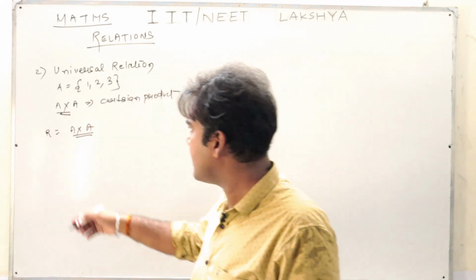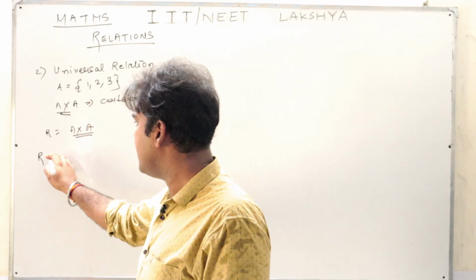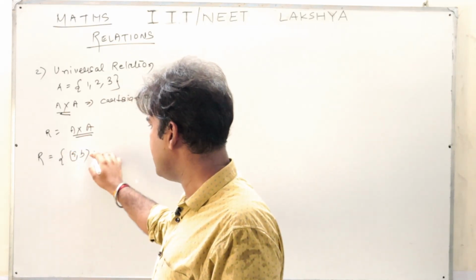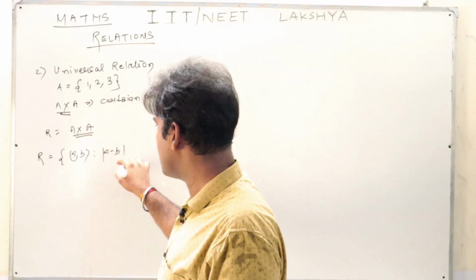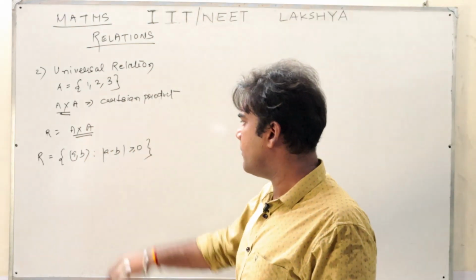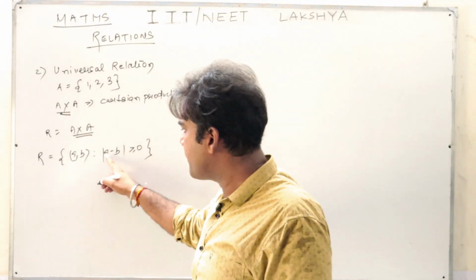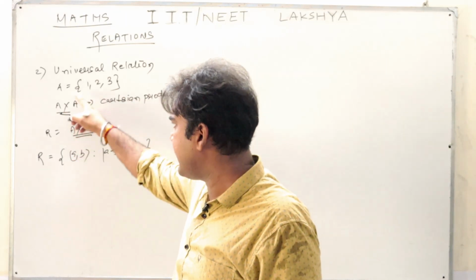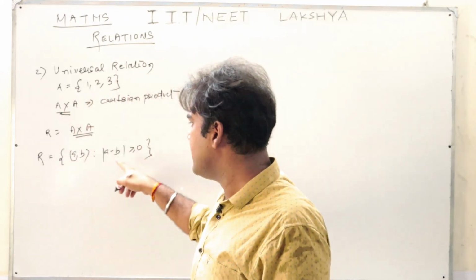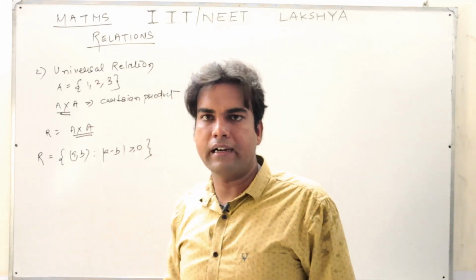For example, let us say A is 1 2 3. I am defining a set R, a collection of ordered pairs (a, b) such that mod of a minus b is greater than or equal to 0. That is, small a has to come from set A, small b has to come from set B, which is now set A, such that the modulus of the difference of the elements is greater than or equal to 0.